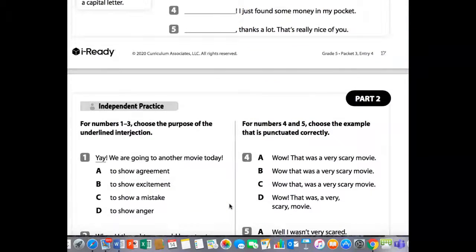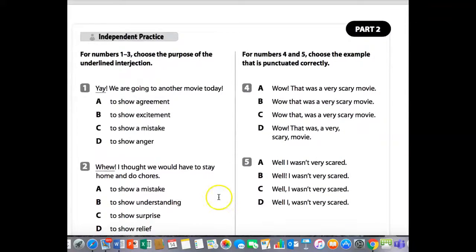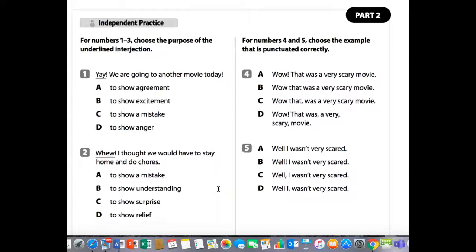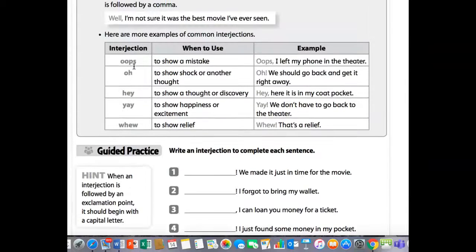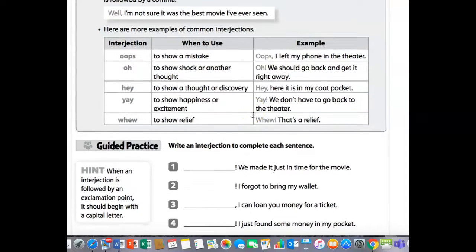So I'm going to jump to the independent practice, and you're going to circle after I've read them. For numbers 1 through 3, choose the purpose of the underlined interjection. Up here, it tells you when to use different ones and what their purpose is.